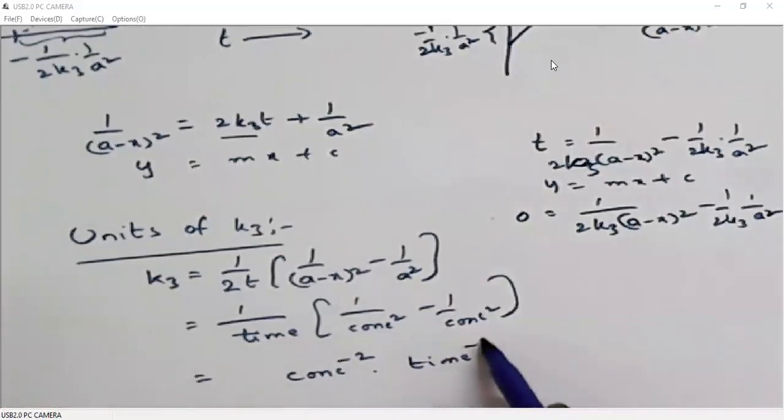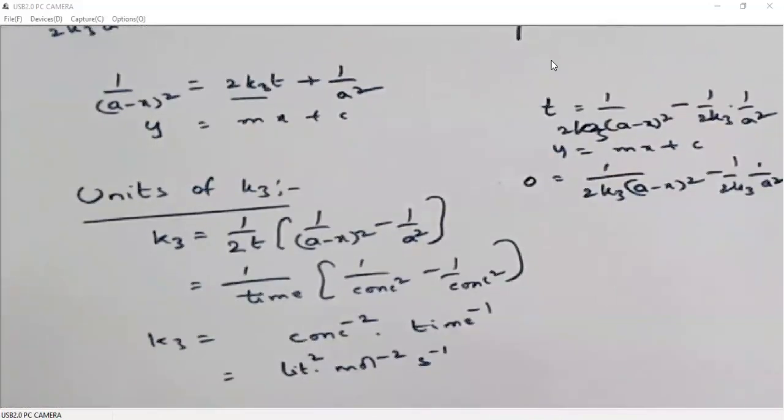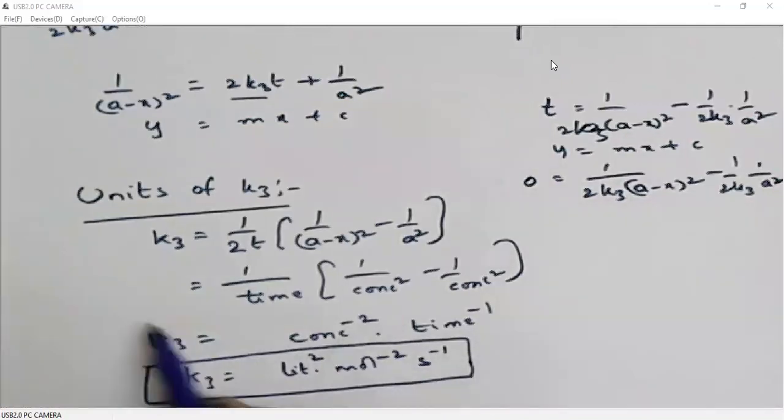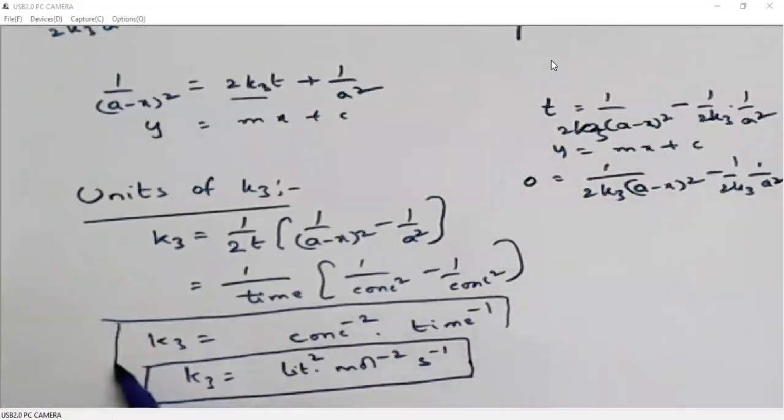So the units of third order rate constant are concentration power minus 2 time inverse. What are the units for concentration? Moles per liter. So it is liter square mole power minus 2, and if time is second inverse, then it is second inverse. So these are the units for third order rate constant: concentration power minus 2, time inverse, liter square per mole square per second.